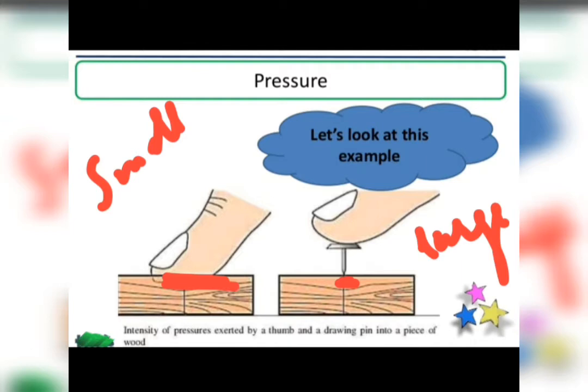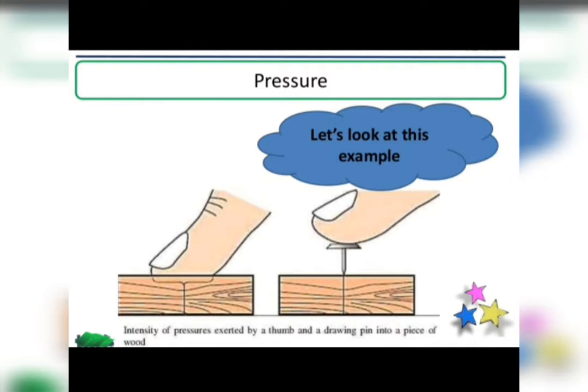So what will happen? Pressure is nothing but the force acting on a unit area of the object. So here the unit area we are taking is of wood. The force of the thumb produces small pressure because the force acts on the large area of wood.